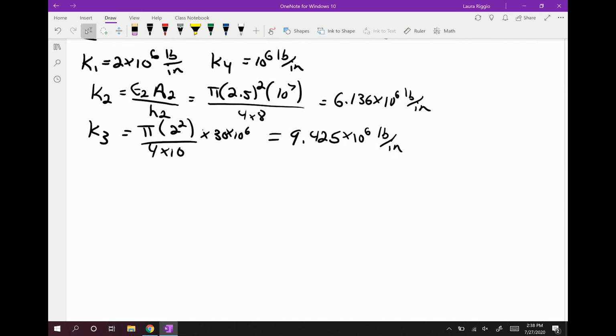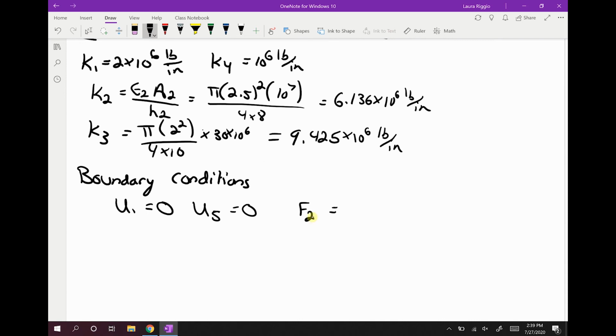So we have our assembled system of equations. We know all of our values, but we still can't solve the system because we need to apply our boundary conditions. And what are our boundary conditions? Well, U1 is equal to 0, U5 is equal to 0.